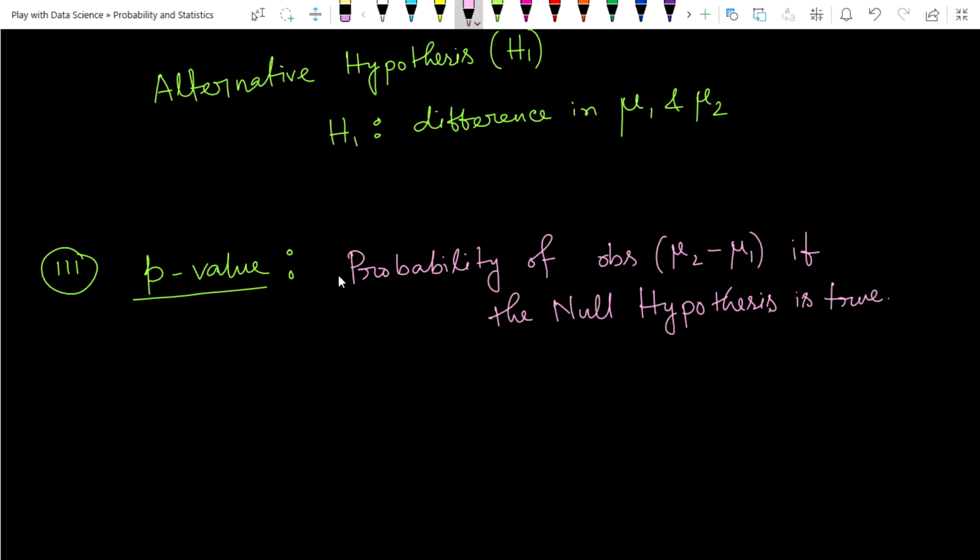The value of this probability is called the p value.